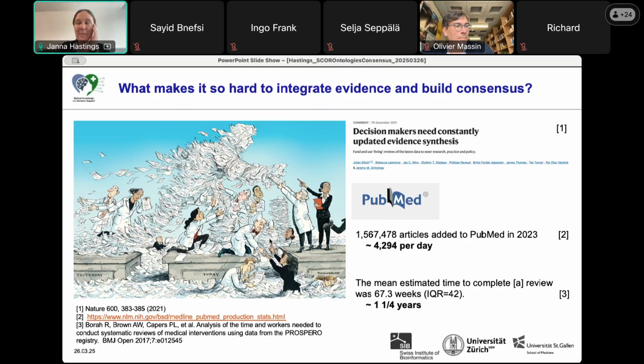The numbers here are quite staggering. On average, something like 1.6, 1.7, 1.8 million articles are added to PubMed, a big database of relevant medical literature, every year, which means 4,000 plus articles per day.